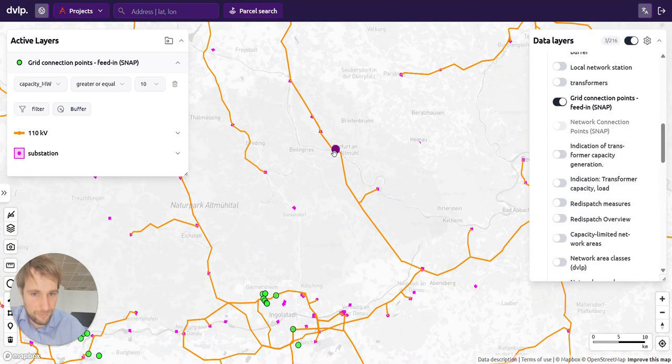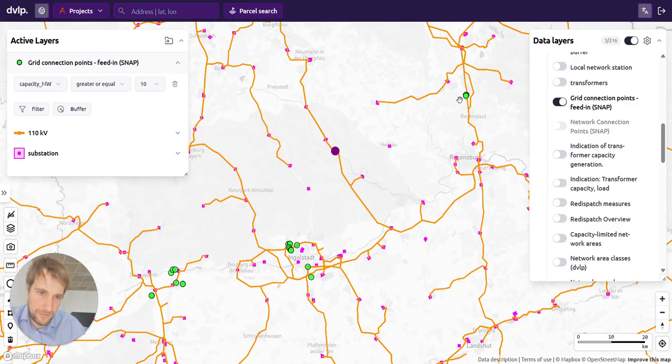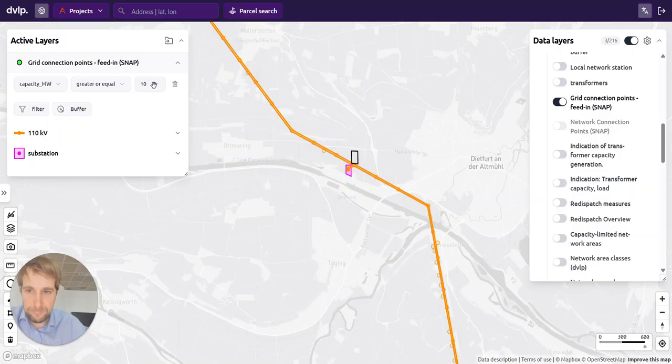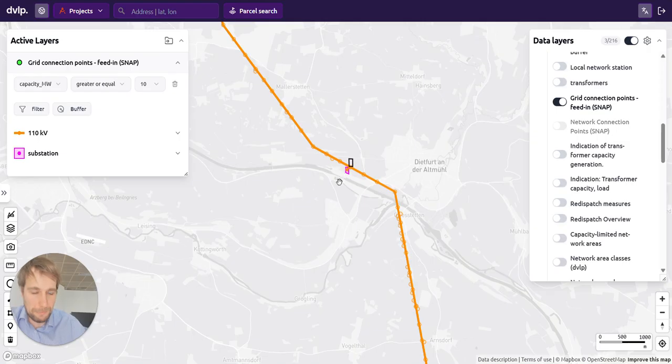So that's definitely a risk factor. We see also that the connection points are rather distant from our location here. Now that could of course also mean that eventually we have to build our own substation. Let's continue and look into the other indicators and data points here.